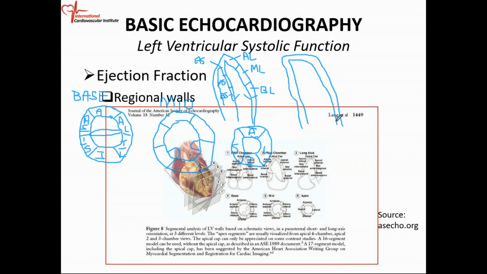The lower portion close to the mitral valve, this first segment is going to be your basal anterior wall, because it's closer to the mitral valve. Then you have the mid anterior wall right here. Then this segment is the apical anterior wall because it's at the apex.